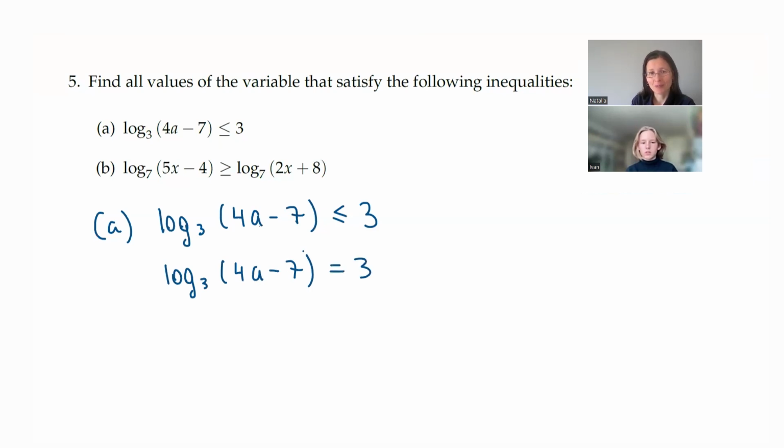Good. So from here we can turn it into, because here we have 3 to this power, we rewrite it in exponential form. 3 cubed equals 4a minus 7. And then we'll have 4a minus 7 equals 27.